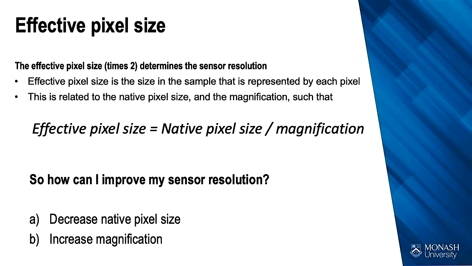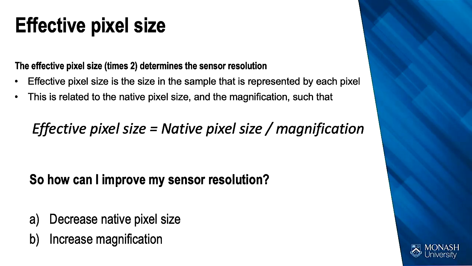So the effective pixel size determines the sensor resolution. The effective pixel size is the size that your pixel represents in real space. And the effective pixel size is related to the native pixel size. Remember, that's the actual physical size of the pixel on the CCD chip or the CMOS chip. And that is related to the native pixel size by magnification. So we've got effective pixel size equals the native pixel size divided by the magnification.